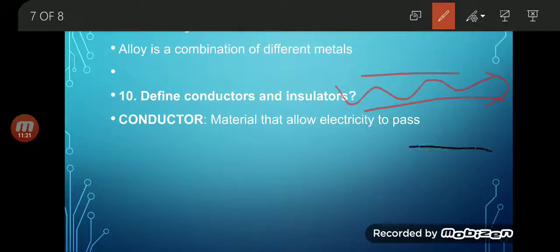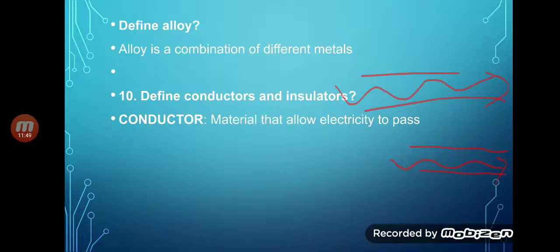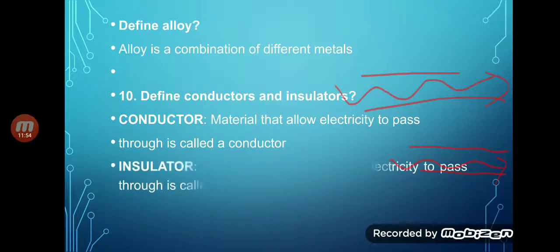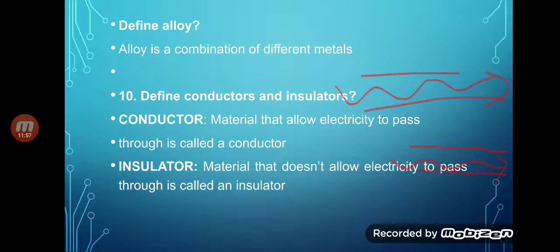Exactly the same, if there is a wire and electric current is passed through it, this wire is allowing electricity to pass through, so you can say this wire is a conductor of electricity. So simply, what is a conductor? A material that allows electricity to pass through is called a conductor, and its opposite, a material that does not allow electricity to pass through, is called an insulator.